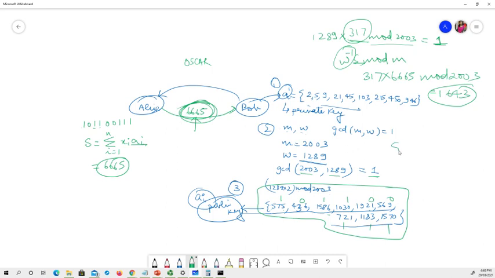So this S prime that I got is 1643, and then once again I'll apply the algorithm of summation i equals 1 to n of xi into ai, which is the same algorithm that I showed you.